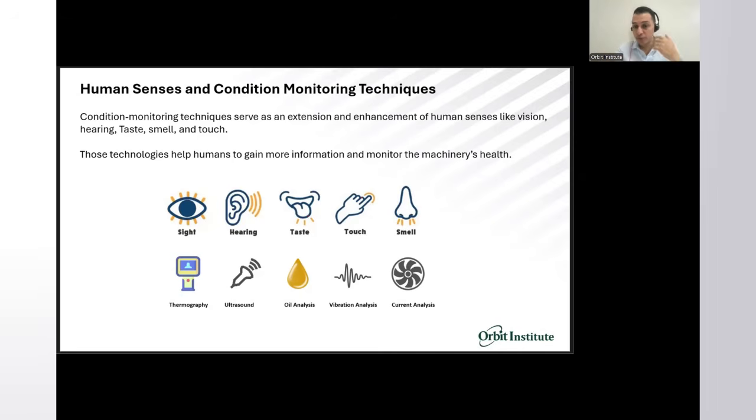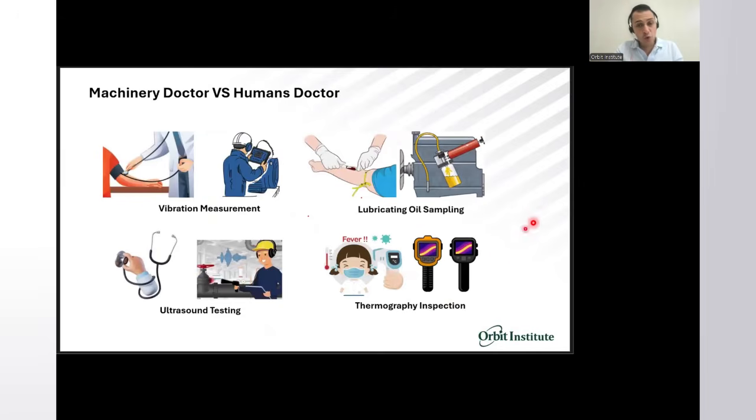Okay? So the condition monitoring techniques serve as an extension and enhancement of the human senses, like vision, hearing, taste, smell, and touch. Usually the condition monitoring professionals or specialists act as a machinery doctor.